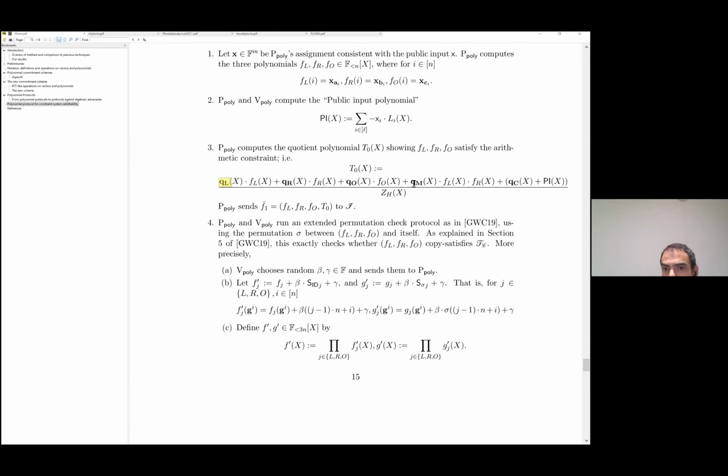Really in PlonK you have 8 selectors, because you have the permutation selectors and these Qs. So suddenly you'll have an equation where this Q is of degree 8n, and this F is of degree 3n. So the equation degree gets up to 11n, and that means when you compute these quotients, their degree will blow up.